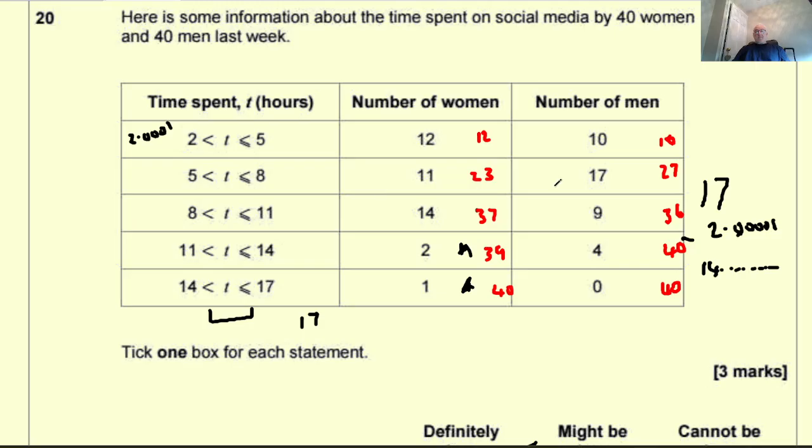Now, both of them, the midpoint of having 40 men, 40 women would be 20. And the 20th person is going to land in this field. Okay, both within the same range of greater than 5 and less than or equal to 8. So because they're both in that field, it could be true.